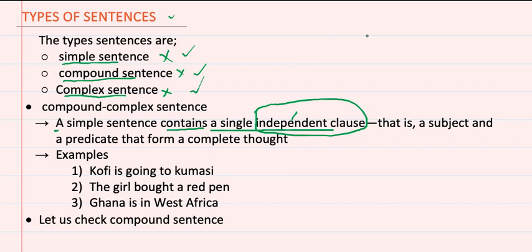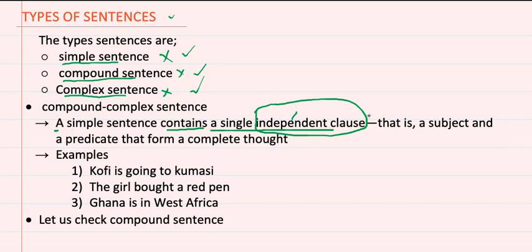When you take that one out, it makes what? A sense, or it makes a complete thought. So when you take that portion of the sentence, you can have understanding of it. And a simple sentence must contain one of such clauses. So only one independent clause. That is a simple sentence.